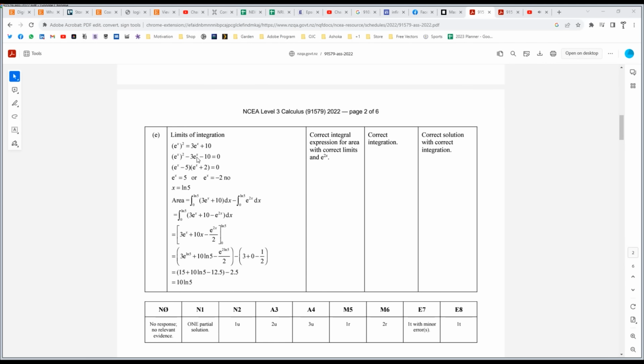This part here, they're actually showing the working out for how to find that x value, which equals ln of 5. Now, if you look at the answer schedule itself, there are no grades for this part of the question. Sorry, I know it's not highlighting as well as I'd like.